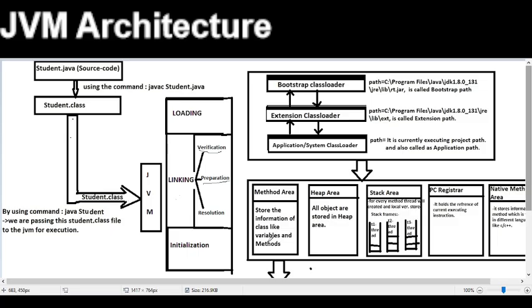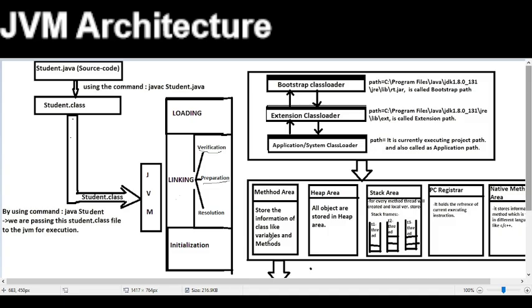After the method area, one more memory area is there, that is the heap area. Inside the heap area, whatever objects are created in the Java program, those will be stored in the heap area only. Now another one is the stack area.